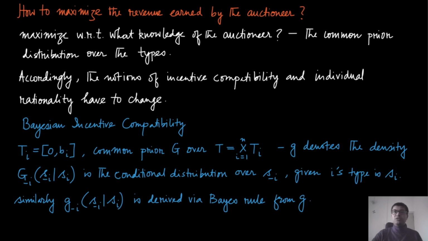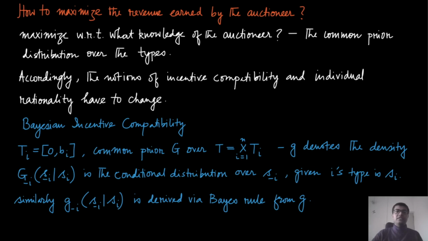If an object has been purchased at a certain price, then it knows that roughly this is the type of valuation that people attach to this object. So from that data, we are going to assume that the auctioneer knows the common prior distribution over all the types, how different people actually value this object.